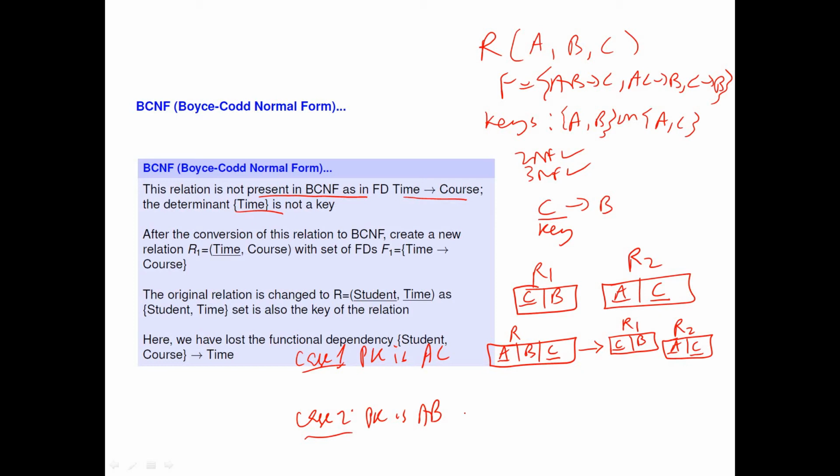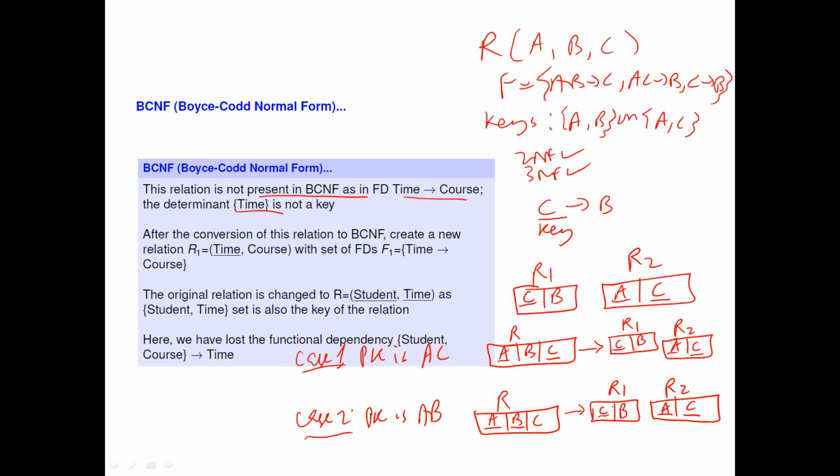But if somebody considers AB as the primary key, R contains A, B, C, with AB as the primary key. Since C to B is creating the problem, I'll create that C to B in R1. Since B has to be removed from the original table, my R2 contains AC.